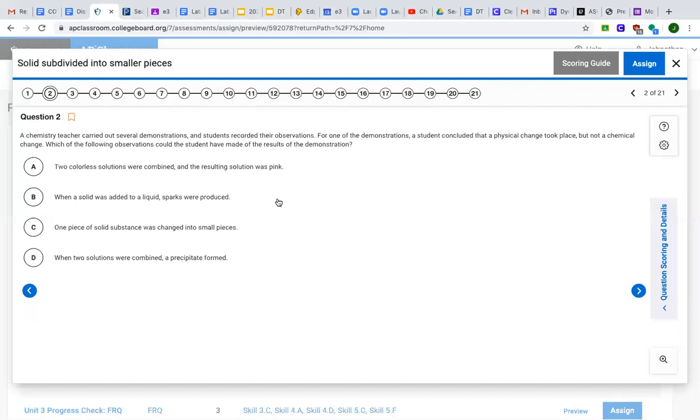So a chemistry teacher carried out, what does it say? Okay, perfect. So a chemistry teacher carried out several demonstrations and students recorded their observations. For one of the demonstrations, a student concluded that a physical change took place, but not a chemical change. Which of the following observations could the student have made of the results of the demonstration?